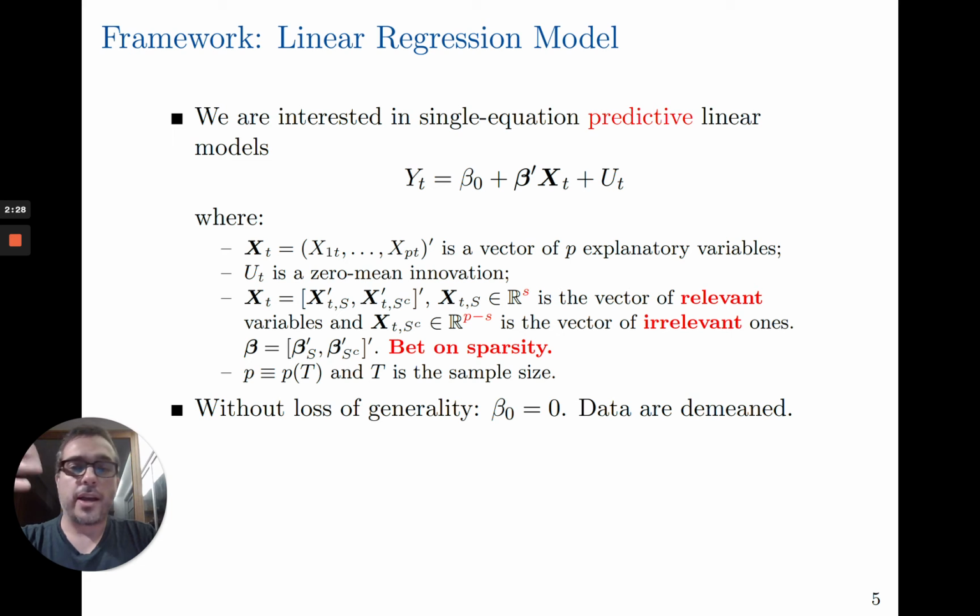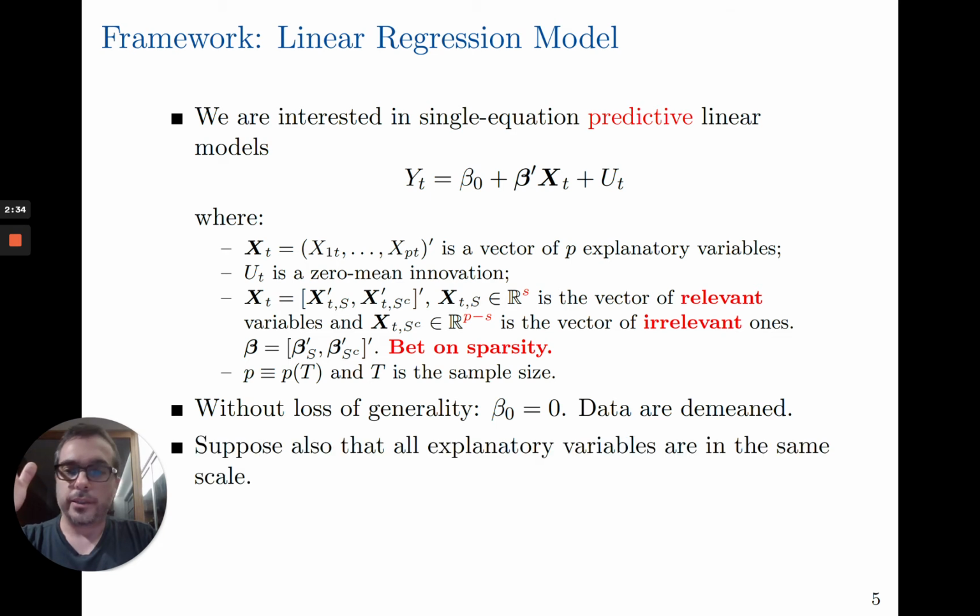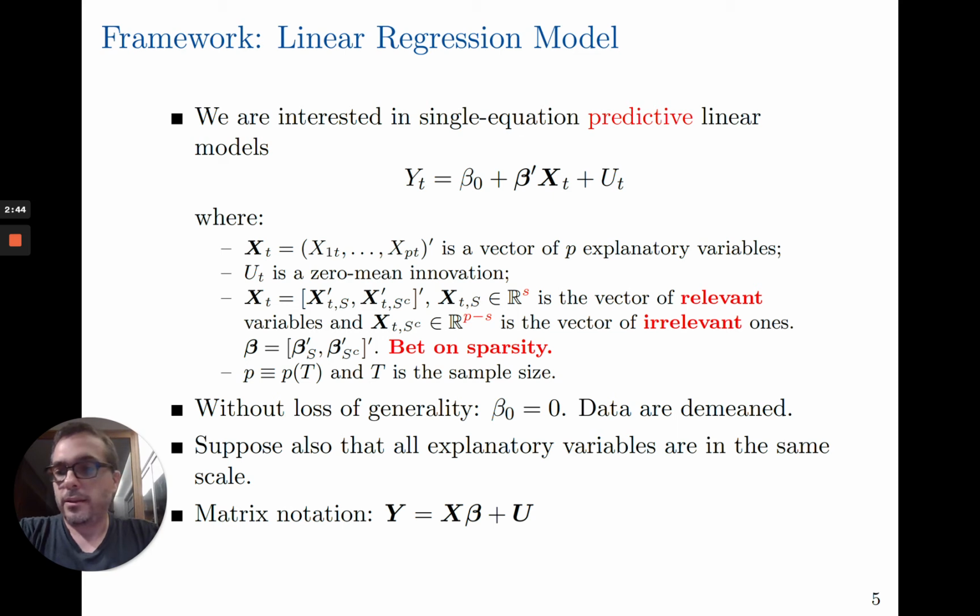Without loss of generality, we assume that beta naught, the intercept, is 0, such that data are demeaned. We are also going to assume that there is some kind of standardization in the variables, so all the variables are on the same scale. And we are going to work a lot with matrix notation, such that y equals x beta plus u.